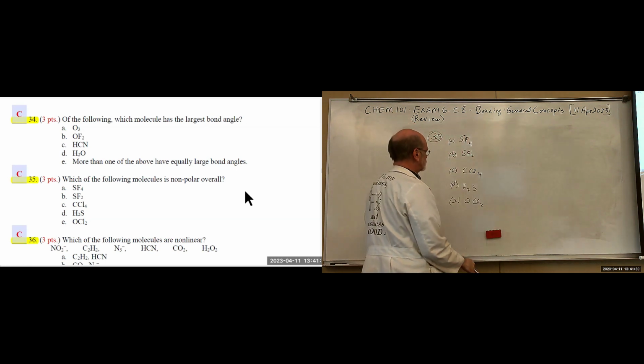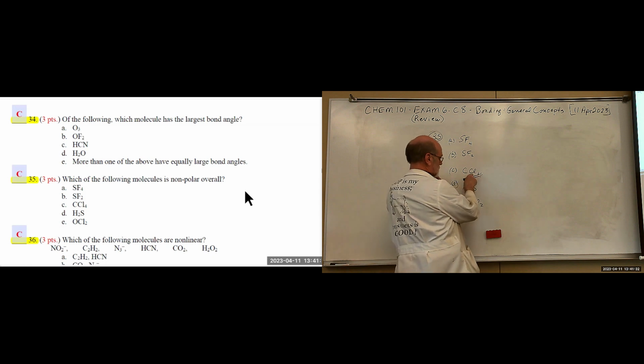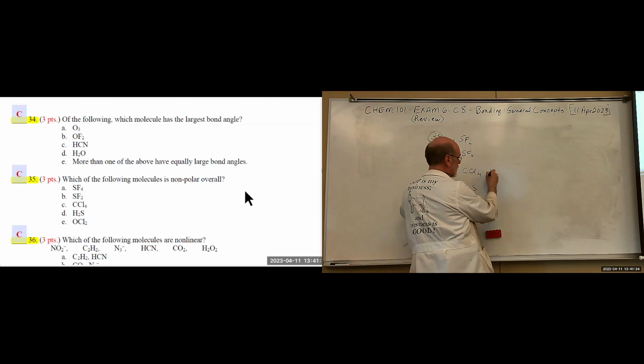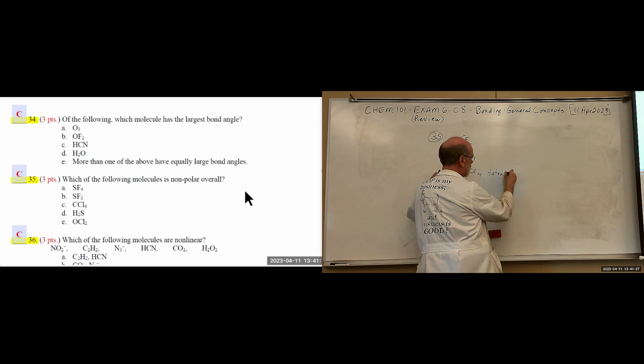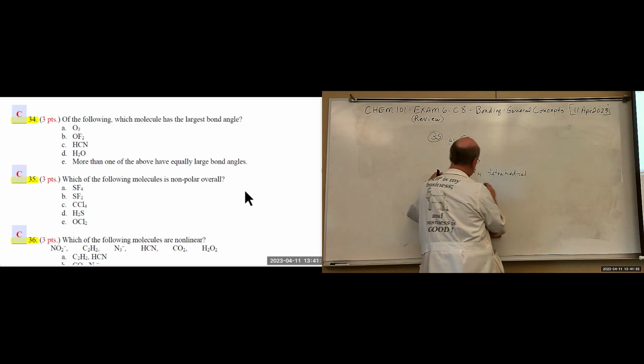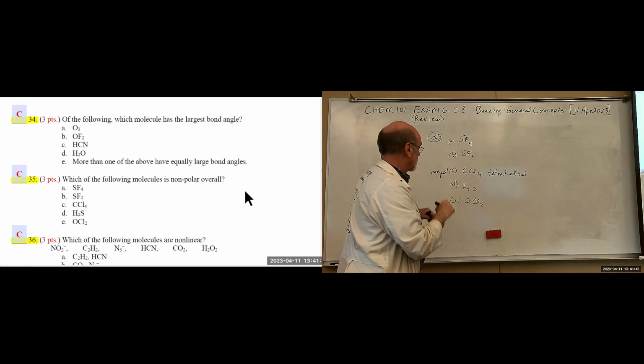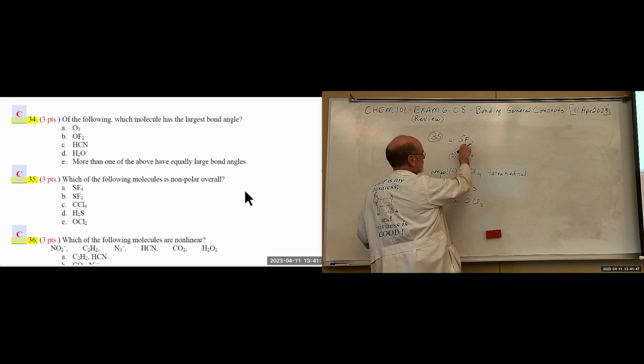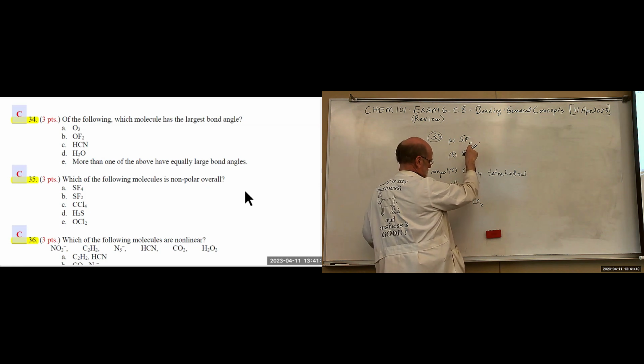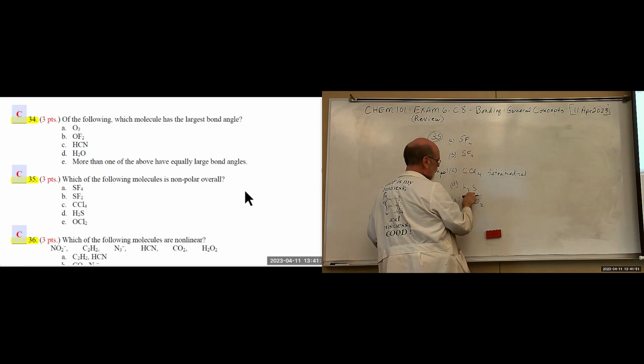Non-polar overall. Well, we know this one is tetrahedral. We've drawn that one before, and there are no lone pairs in there, so this one is non-polar, definitely. This one's going to be bent like water, so it's polar.